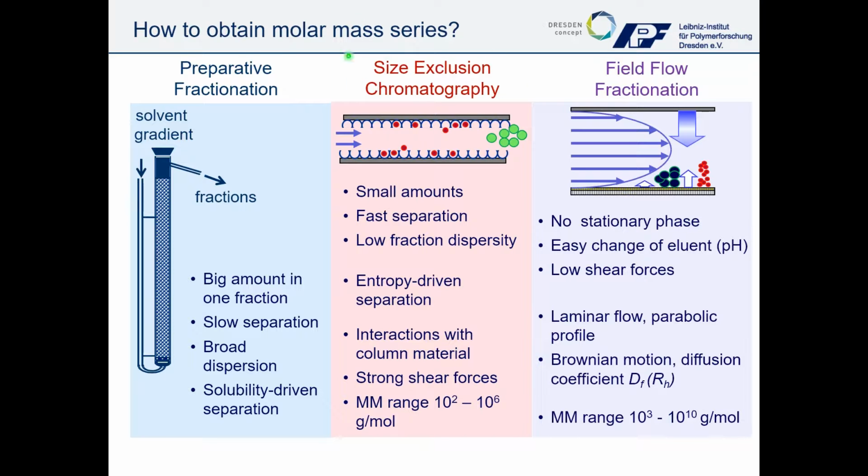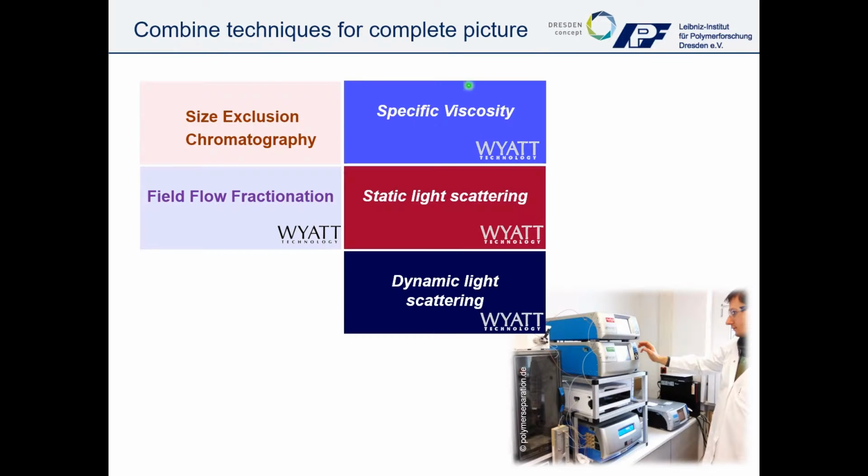Now, having two separation techniques, size exclusion chromatography and field flow fractionation, which work fast and separate molar masses into very narrow fractions, we now have to find a way to combine these separation methods with detection, as I showed before: light scattering, specific viscosity detection, and dynamic light scattering.